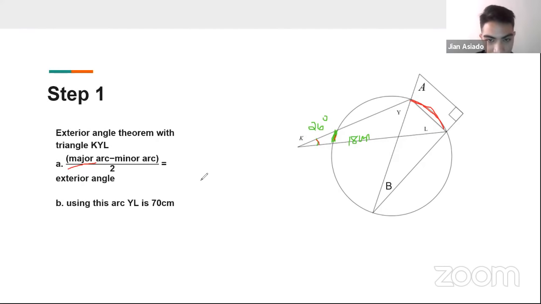So setting up the equation, let X be the major arc, no? So X minus 18 over 2 is equal to 26, no?